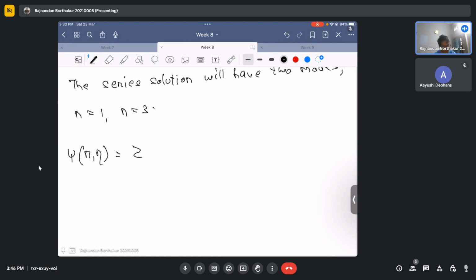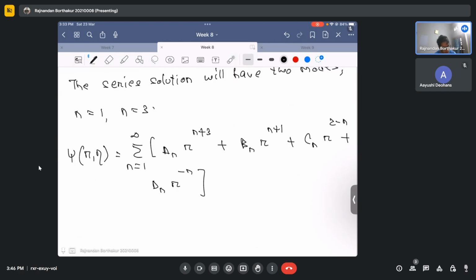So our series solution was something like this. It was the sum from n equal to 1 to infinity of an times r power n plus 3, plus bn times r power n plus 1, plus cn times r power 2 minus n, plus dn times r power minus n, multiplied by qn of eta.